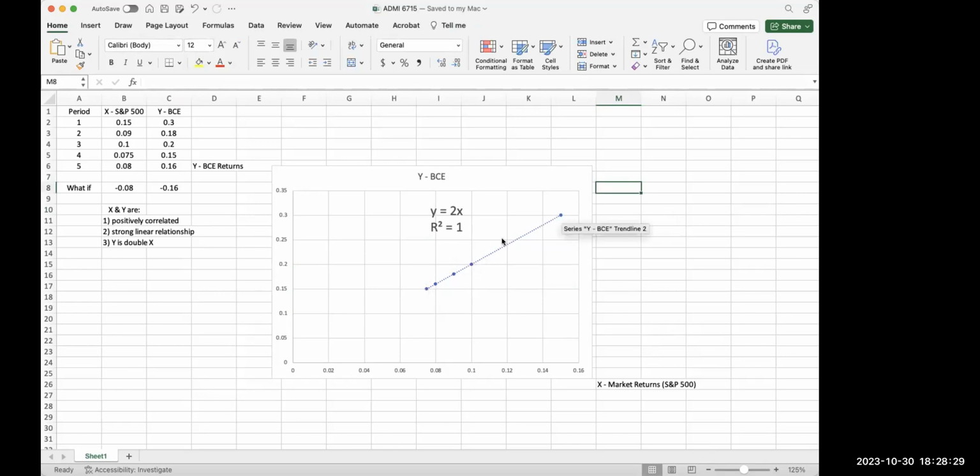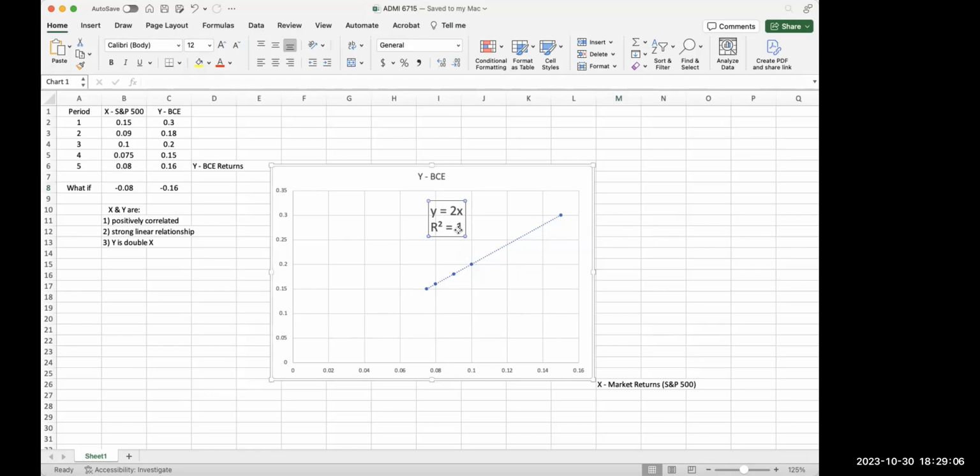Now, this is a special case because all of the observations fall on the line. It's not necessarily the case. The scatter plot is often erratic, or all over the place. But in this case, they fall on the line. And the blue line that is graphed is just between the points. It doesn't extend all the way like a mathematical line would. So it tells us Y is double X. That is a linear relationship that is estimated between the points in our observations.